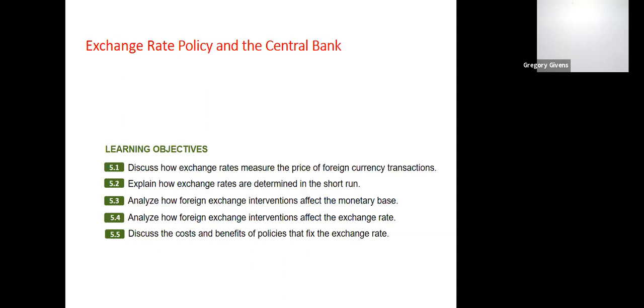When you took your principles of macro class, you probably talked about a theory of exchange rates called purchasing power parity. Maybe you covered it in your intermediate macro class. That is a useful theory of exchange rates, but it's really more useful for understanding why exchange rates fluctuate the way they do in the long run.